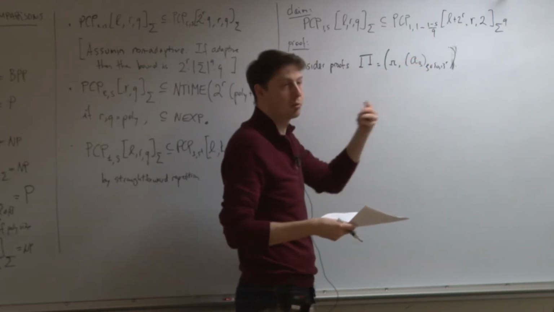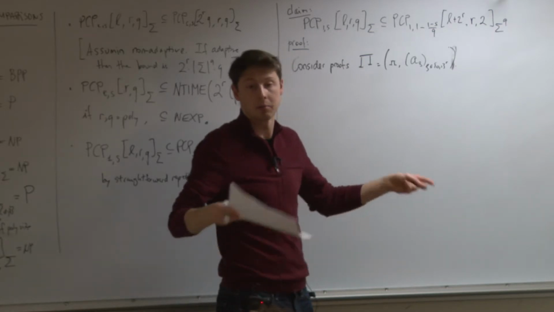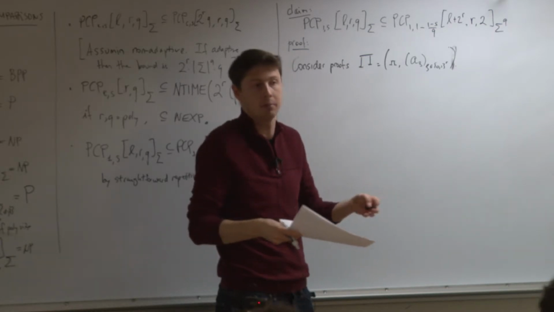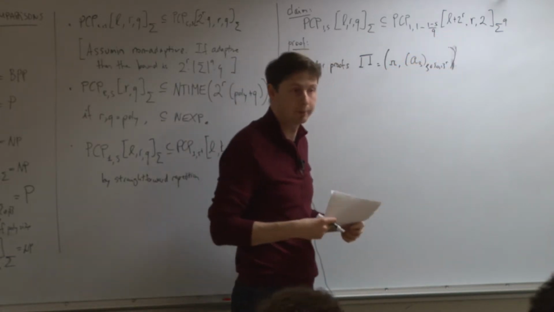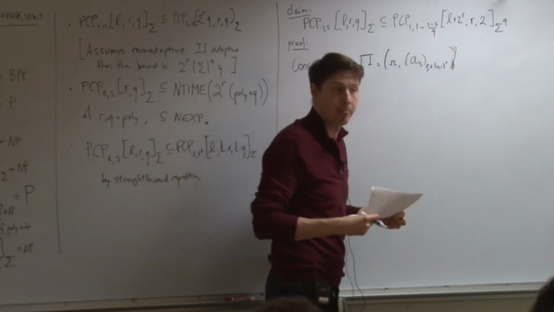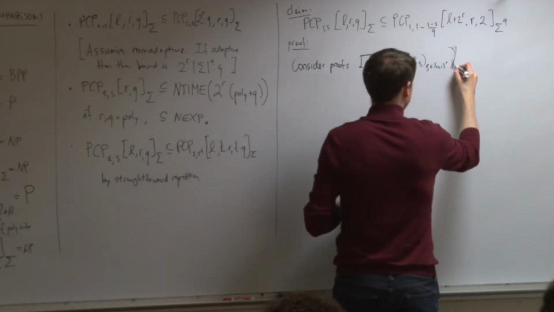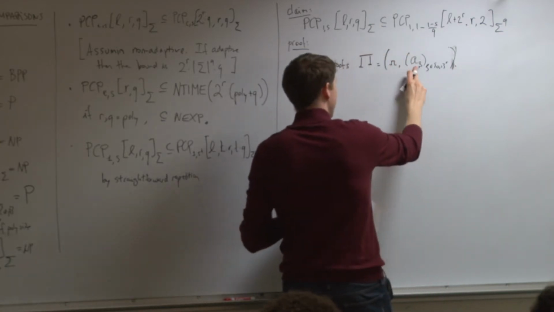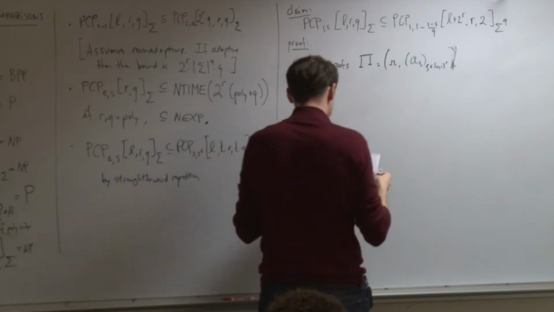It's okay. Just put one symbol and then garbage after that. Or you can pack them more neatly. It doesn't really matter too much. You could save a factor of q if you want to package them a bit more neatly. So now we consider proofs that look like this. These are the alleged answers, q-tuple answers to each of my query sets.